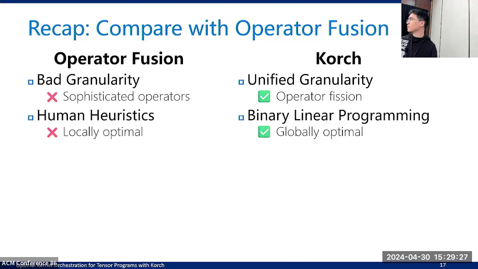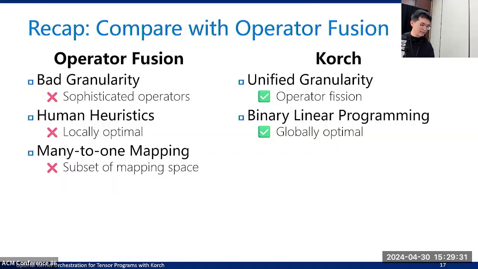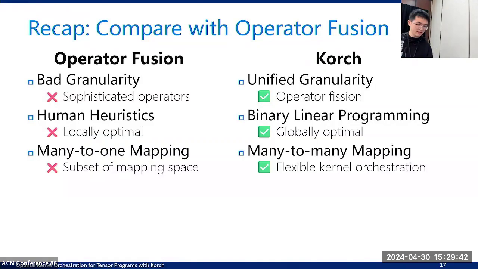But Korch formalizes a BLP problem, so it is globally optimal. And operator fusion can only do a many-to-one mapping from the operators to the kernels. It is actually a subset of the kernel orchestration mapping space. For Korch, we can do many-to-many mapping, which gives more flexible kernel orchestration.